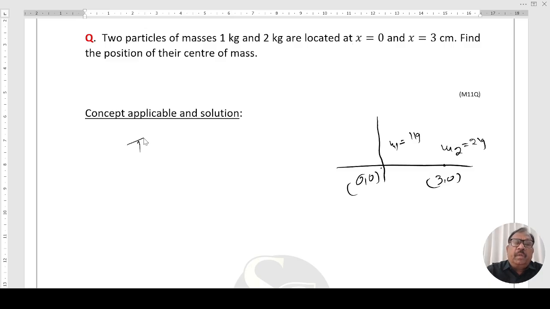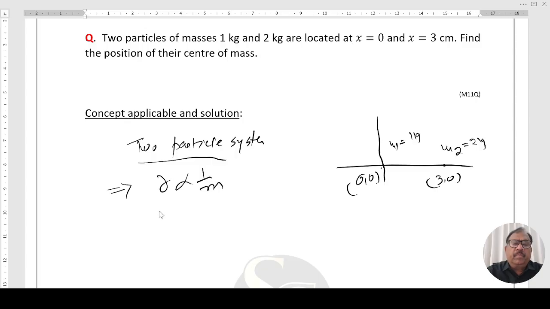This is a case of two particle system. As we have already discussed, position of center of mass is inversely proportional to the mass. That is R1 over R2 equal to M2 over M1, that is M1 R1 equal to M2 R2.